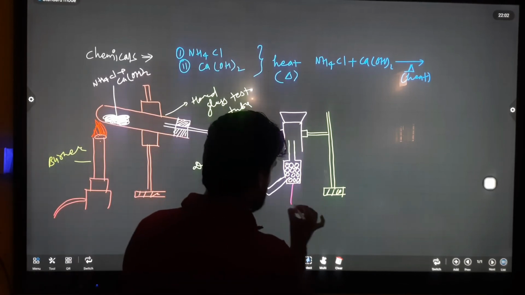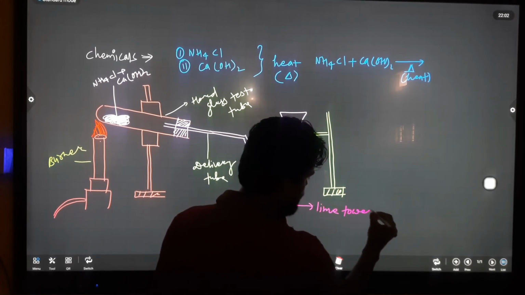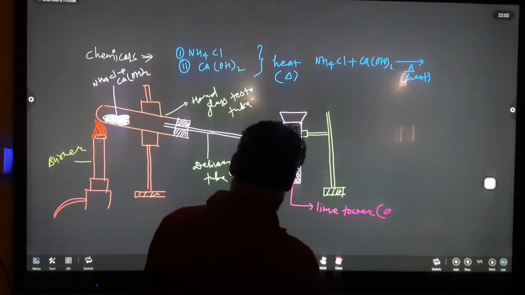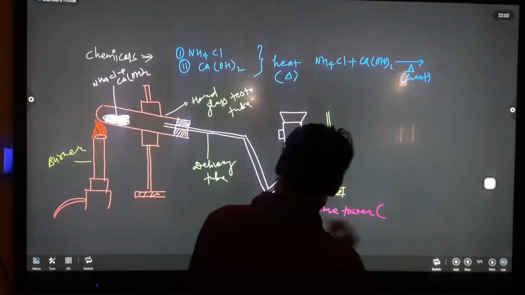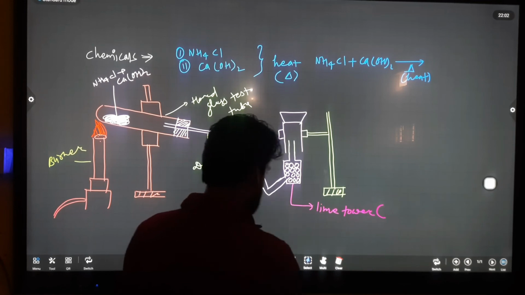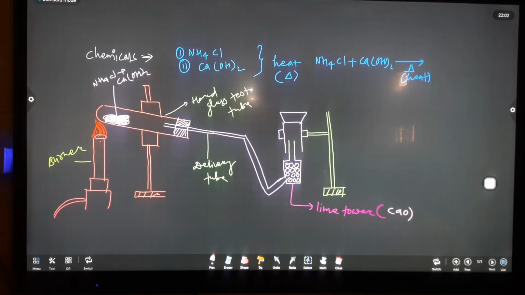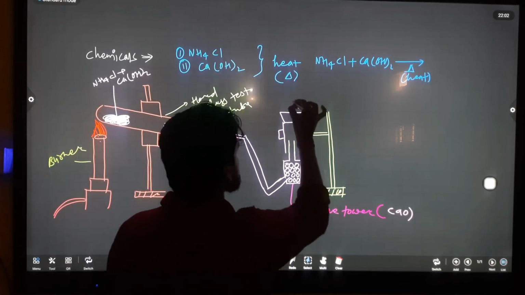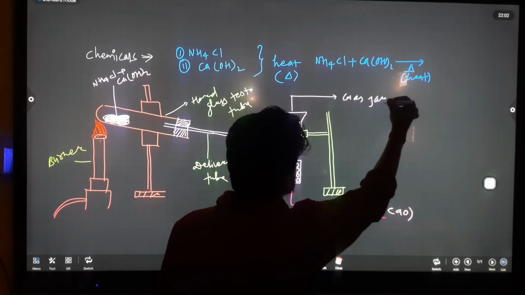This is called the lime tower, a tower of lime, containing calcium oxide, CaO. And this is the gas jar, to collect the gas.